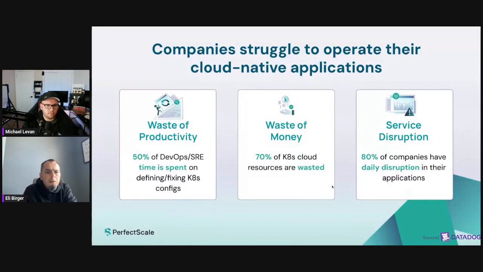So this is what we see across all the clusters, and we monitor hundreds of them, many hundreds. And not only us, but Datadog did similar research for 1.5 billion containers that they analyzed over a long period of time. 70% of the resources are wasted.